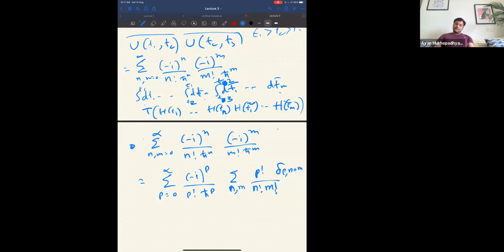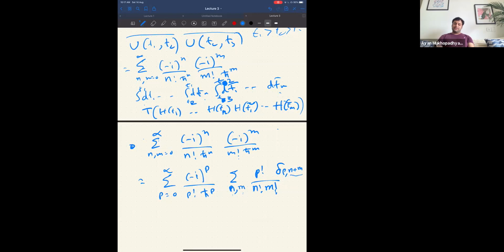Okay, so what I have done here is as follows. This sum here is unrestricted. So what am I doing? I'm first restricting the sum of n plus m to be p, okay? And then after that, I'm taking this thing, minus i to the power p, factorial p, taking that out.